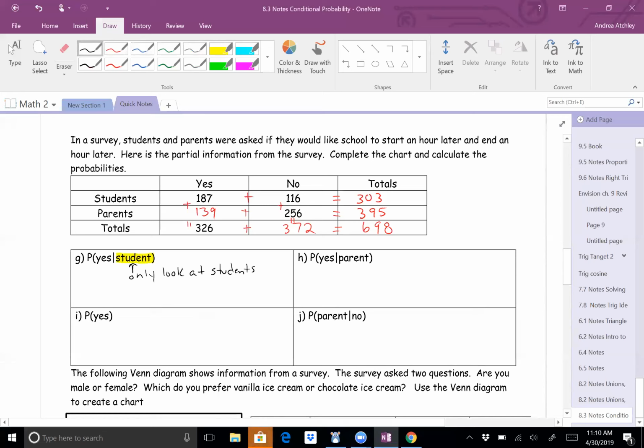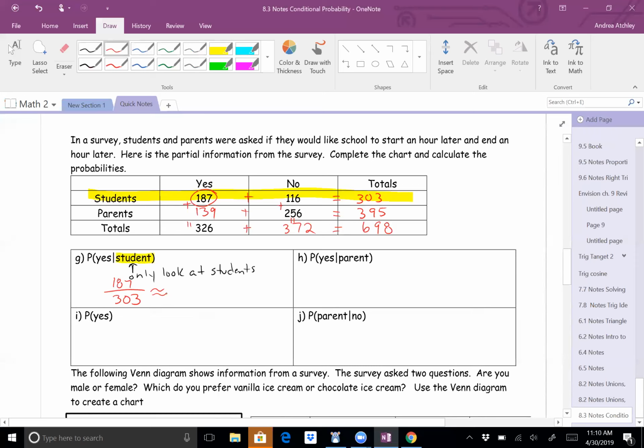So that's 303 people I talked to who identified as students. And of those people, how many of them said yes? The 187.